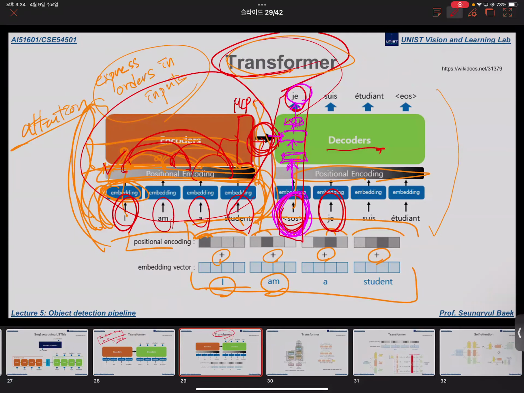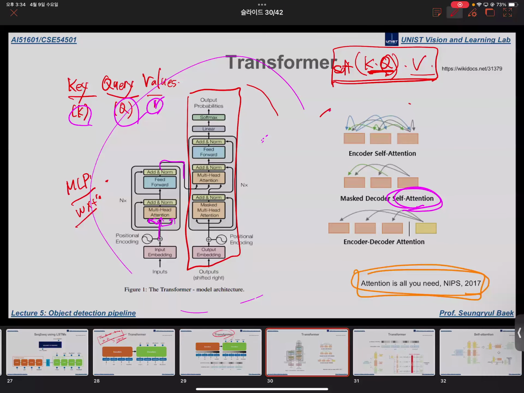I mentioned that it works in an autoregressive way: when getting the first output, we input it as another input to the decoder and get another output. I explained that as if it works in a sequential way, but in fact what it does is masking.